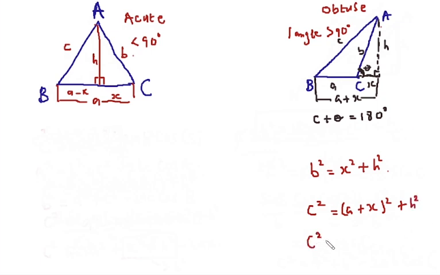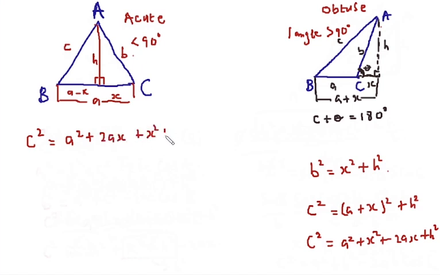So c squared is equal to, expand this bracket, a squared plus x squared plus 2ax plus h squared. So bringing this over to here, c squared is equal to a squared plus 2ax plus x squared plus h squared.